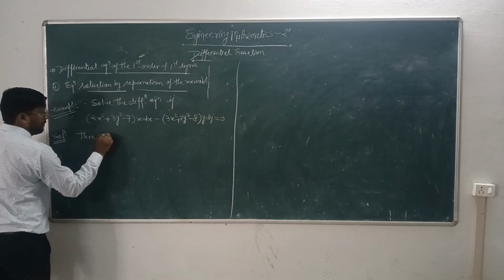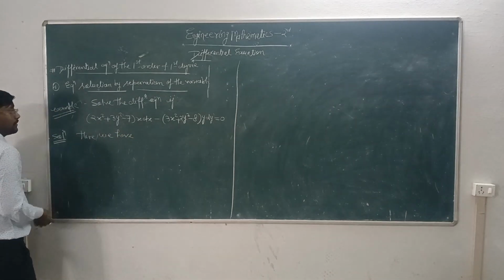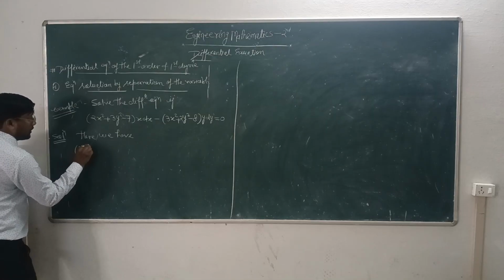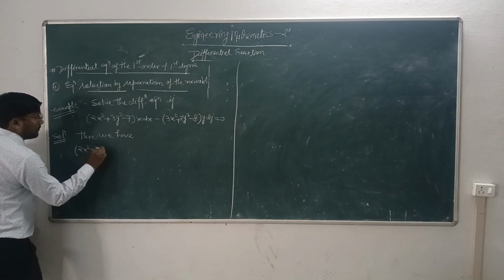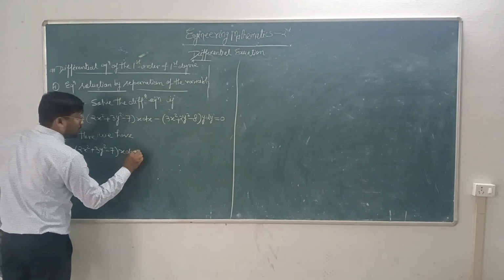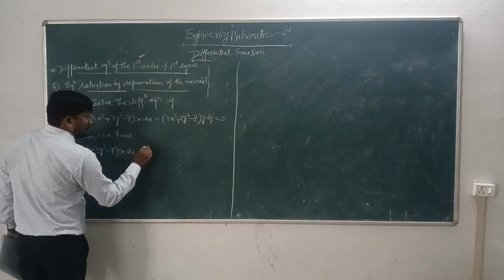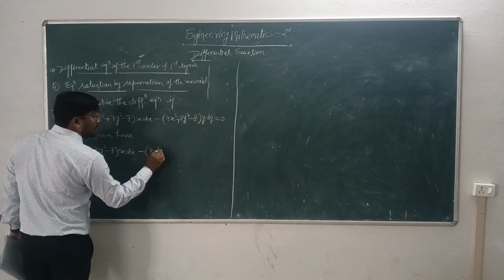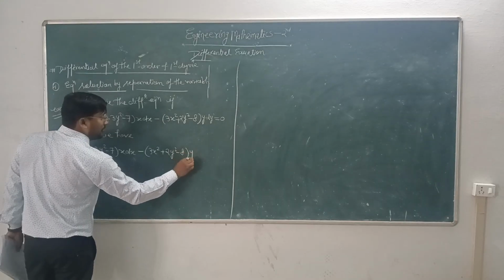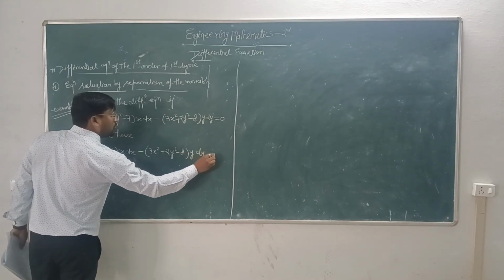Here we have, you can write (2x square + 3y square - 7) x dx minus (3x square + 2y square - 8) y dy is equal to 0.